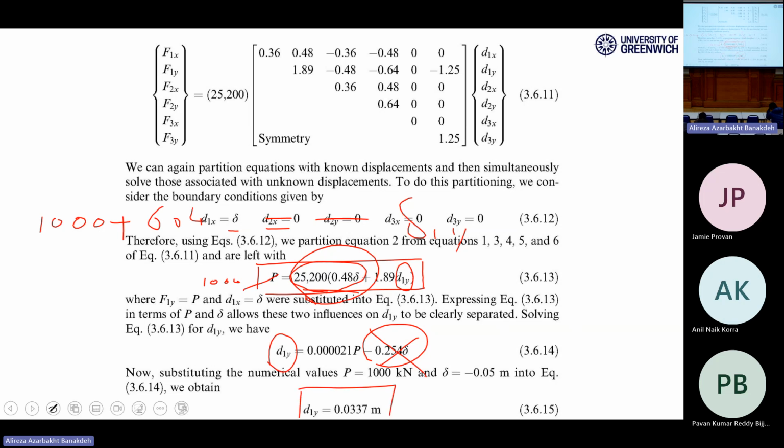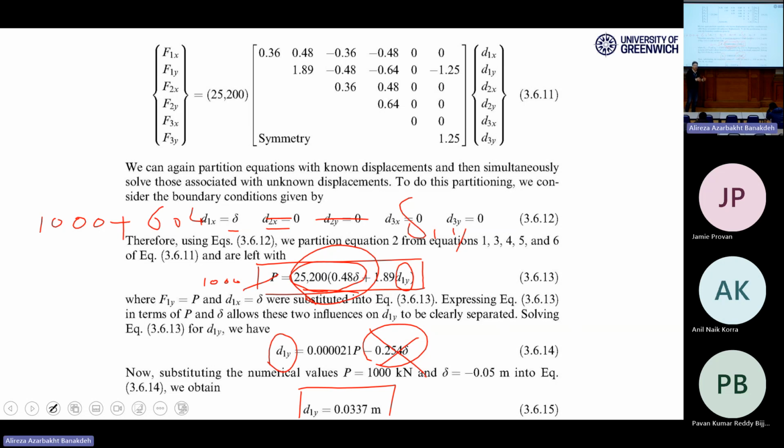When you have delta 1y, at this point you can say my structure is analyzed. That's it. I have done the analysis of the structure. I know all the deformations. When you know all the deformations, your structure is analyzed.